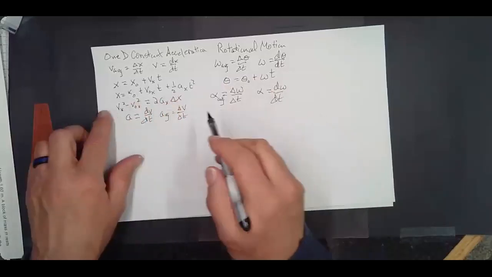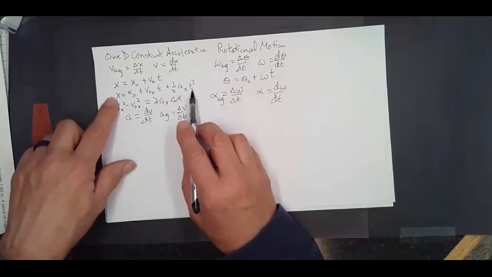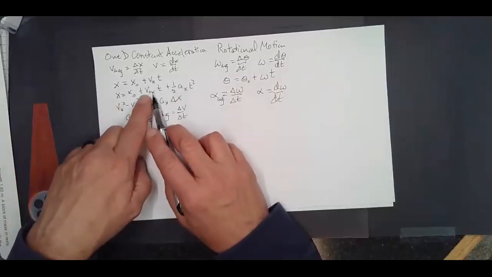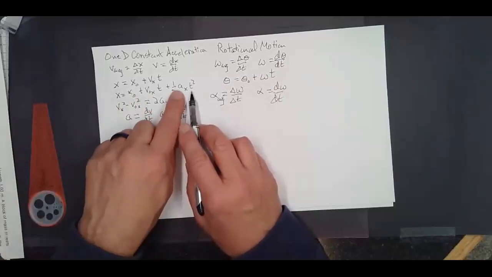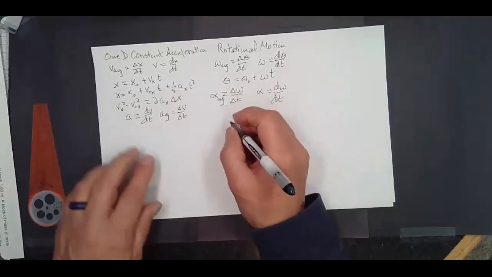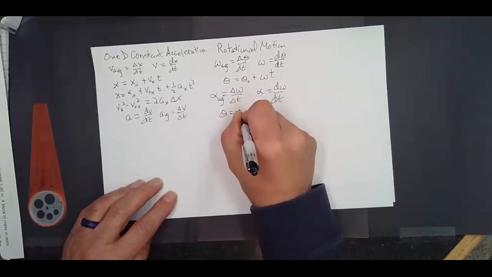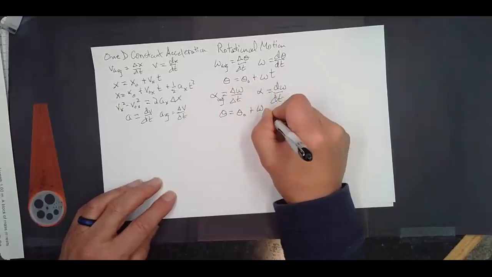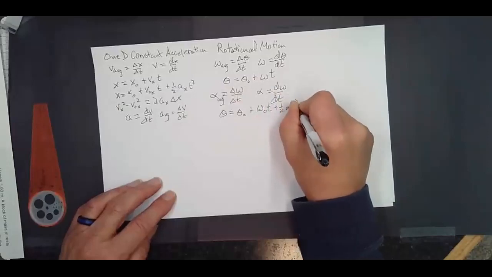When we have that angular acceleration, we can write an analogy to this equation. Anywhere there's an x, replace it with theta. And if there's a v, we replace it with omega. We don't have to have subscripts of x on here anymore. If there's an a, we replace it with an alpha. So we would have theta is going to equal theta naught plus omega naught t plus 1/2 alpha t squared.